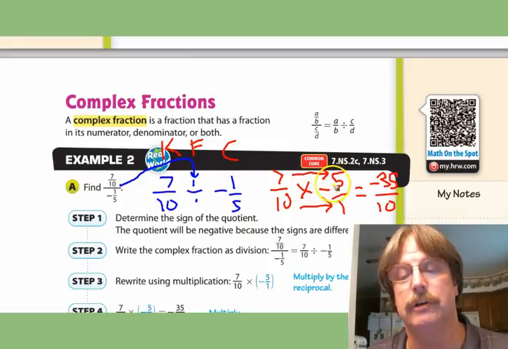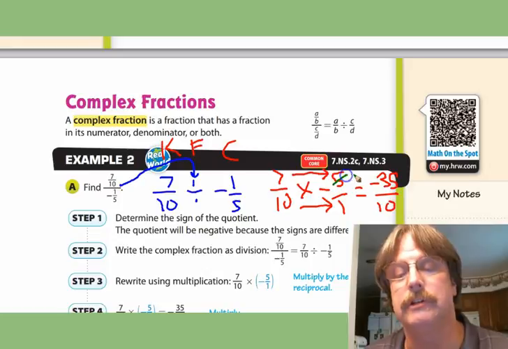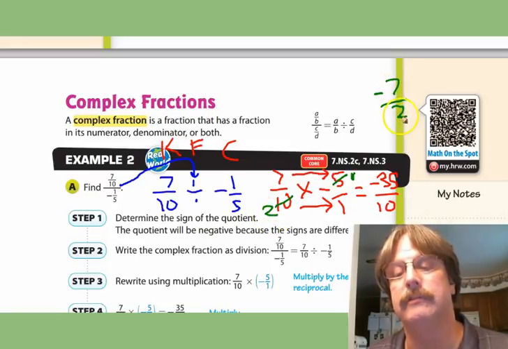Okay, so you could take this here. 5 goes into itself 1, and it goes into 10 twice. Okay, so now you would have 7 times 1, so I'm going to put it up here. It's still a negative, so that's 7, and 2 times 1 is 2. So -7/2 or -35/10. This is reduced already.